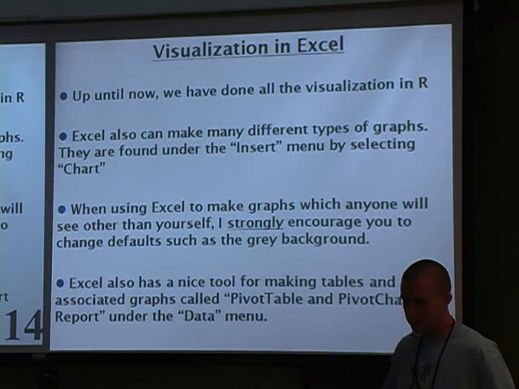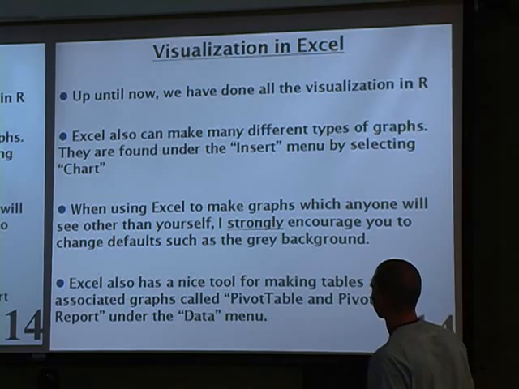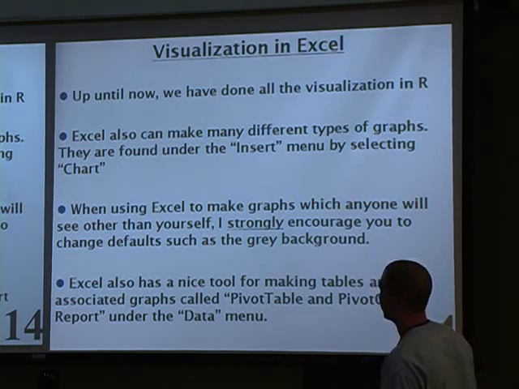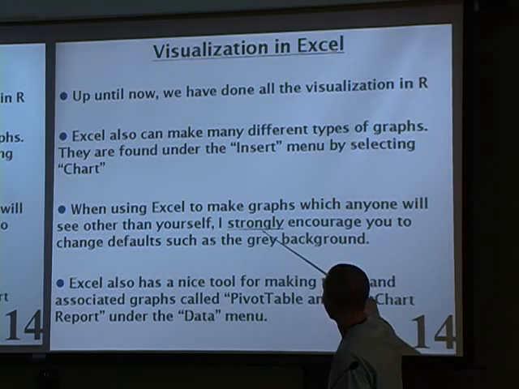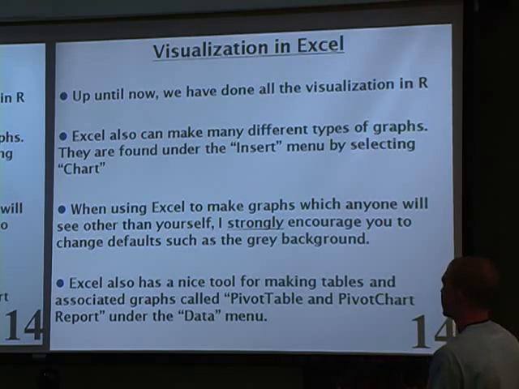So I thought I would spend a few minutes to mention how you can do some things in Excel. The one thing I will warn you about with Excel, and you can see people doing this all the time: if you're going to send around graphs made in Excel that anyone other than yourself is going to see, I really encourage you to change defaults, such as the Excel gray background or the yellow line or whatever weird things Excel does, because it looks embarrassing if they can see you just did this in Excel.